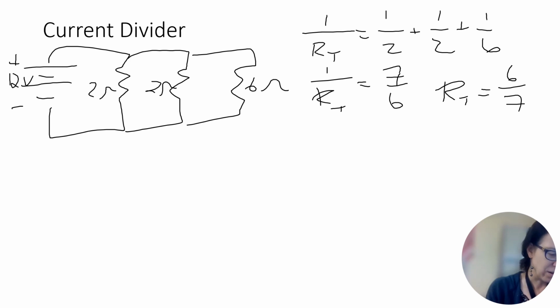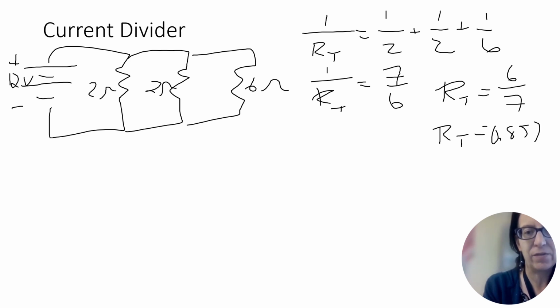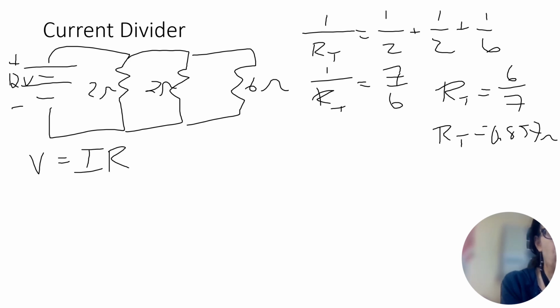I don't have a decimal equivalent for that. A bunch of people have been texting me. Okay, 6/7. So this is about 0.857 ohms. 0.857 ohms is our total resistance for this. So now using Ohm's law, we know the total voltage is 12.